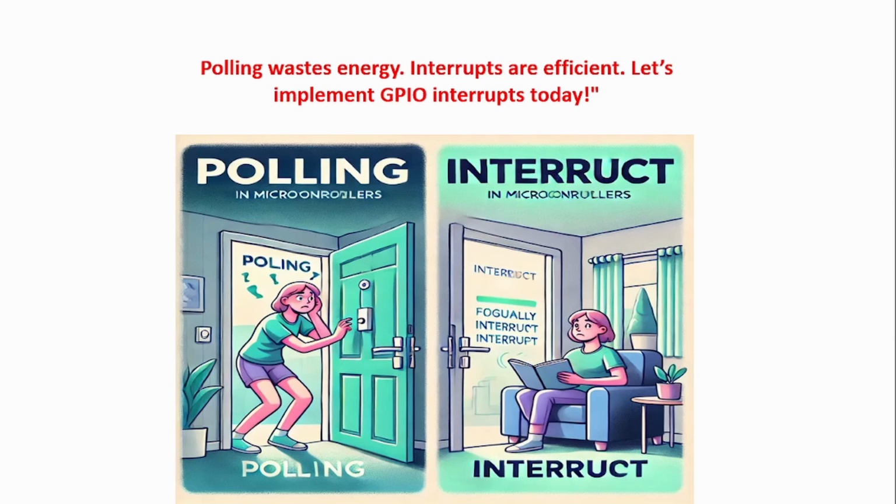So whenever your friend comes to your door, the friend will ring the doorbell, and based on that doorbell, you will simply put your work aside, go there, open the door, let your friend come to your house, and then close the door and continue with your work. That is called interrupt. If you understand these two examples, you must realize that polling wastes energy, interrupts are efficient, right? And let us implement this with the GPIO.